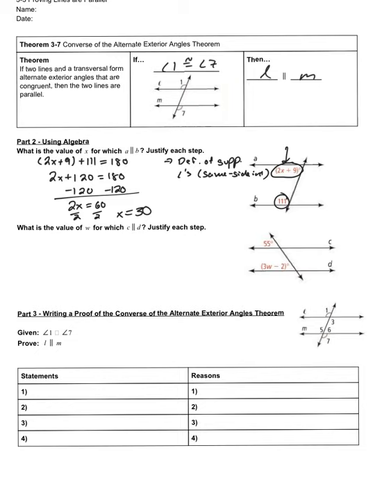All right? Now here, what type of angles do we have? Okay, they're both on the left side of the transversal. 55 is in the exterior, 3w minus 2 is in the interior, but they're both on top of their lines, so they're in corresponding positions. So these are corresponding angles, and corresponding angles are congruent.